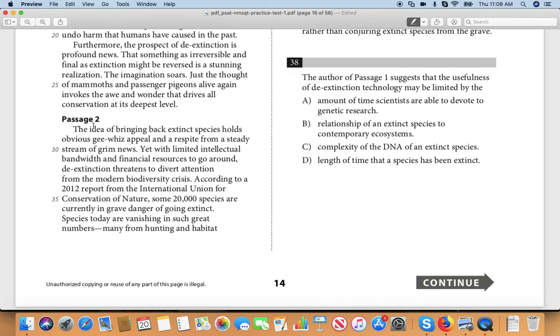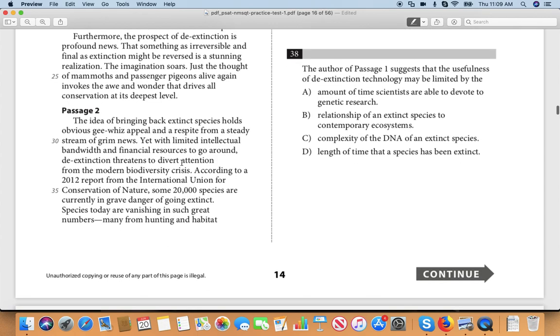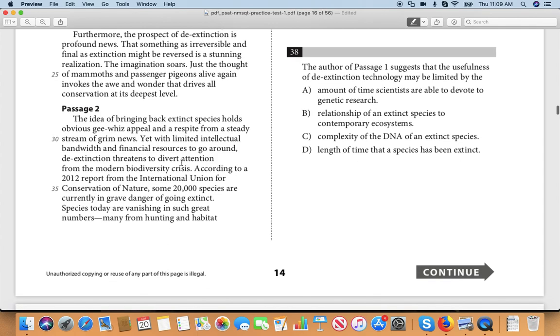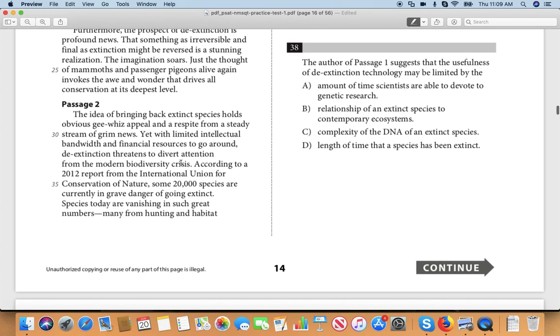Don't look at the answer choices. I want you to tell me right now. We read Passage 1, we read Passage 2. They'd probably be like, yeah, but you can't let that waver your opinion. About what?